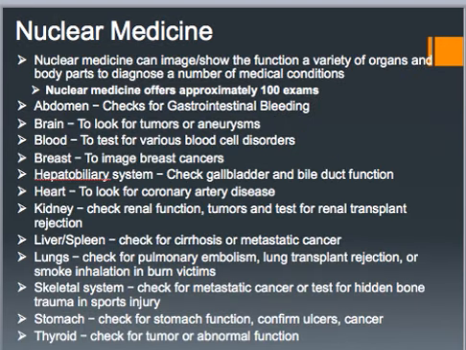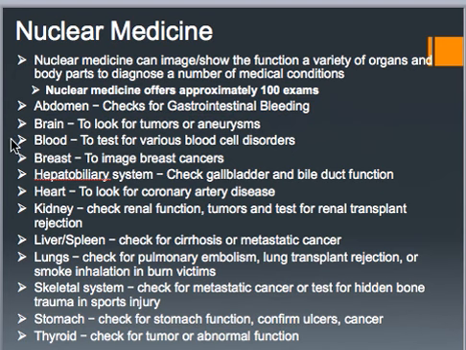So I said this earlier, but nuclear medicine can image and show the function of a variety of different organs and body parts to help diagnose a number of different medical conditions. Remember, nuclear medicine offers approximately 100 exams. So we can scan the abdomen, and that's going to check for things like gastrointestinal bleeding.